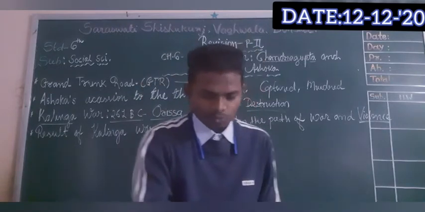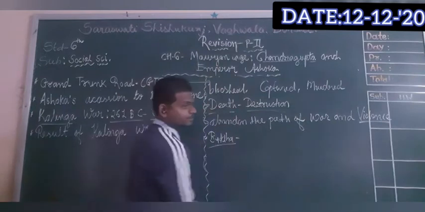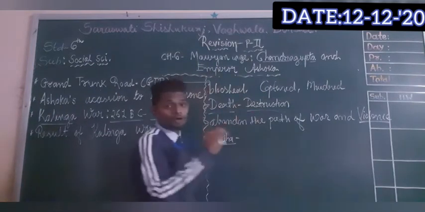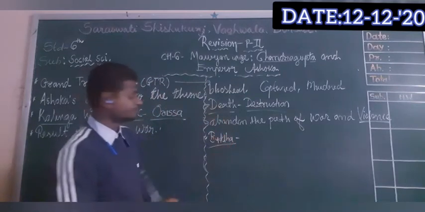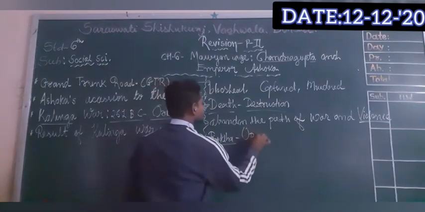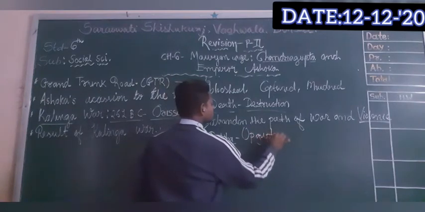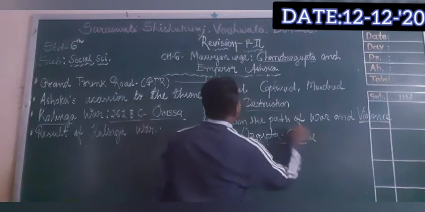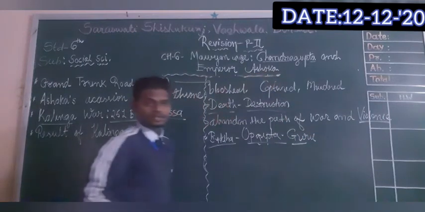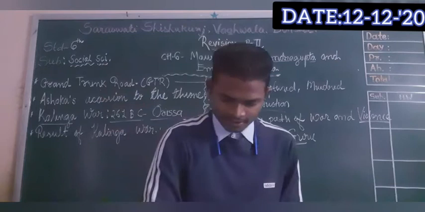Upagupta, who was a very learned monk, was the guru of Ashoka. Upagupta was the first guru of King Ashoka after the war.